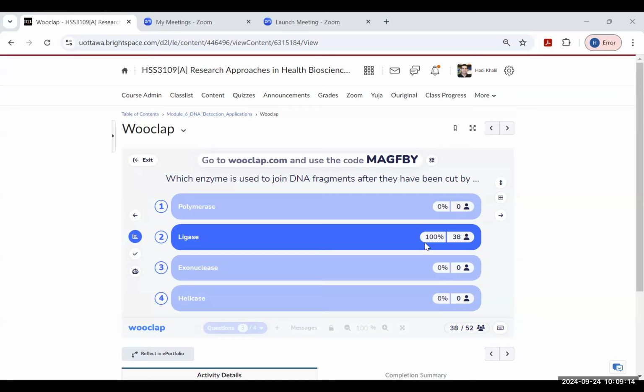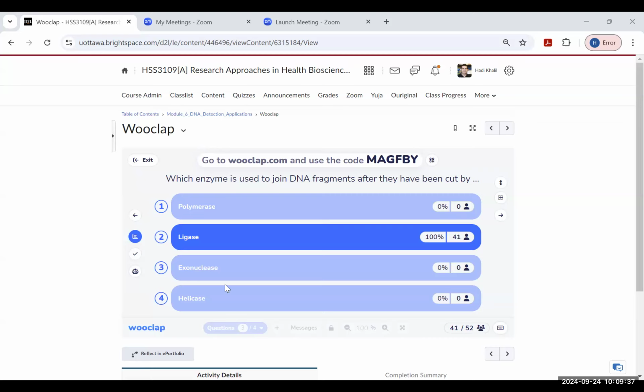So 38 out of 52 are saying ligase, and as the name indicates, it ligates something, so it stitches two pieces together. Yes, if you want to join two DNA fragments together, you need the ligase to catalyze that enzymatic reaction. It's not the polymerase.